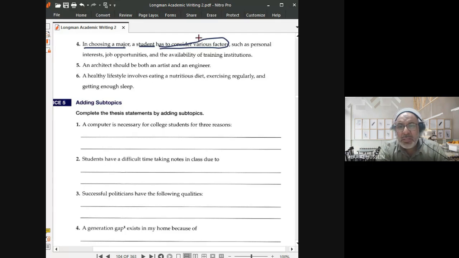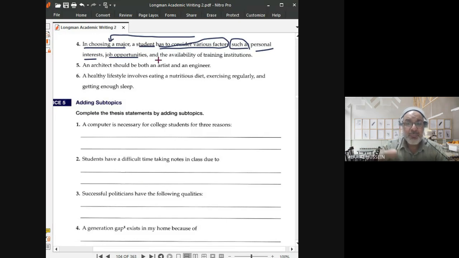Consider various factors when we want to choose a major. Here we have such as as the signaling phrase, and then we have 3 sub-ideas, such as personal interests, job opportunities.